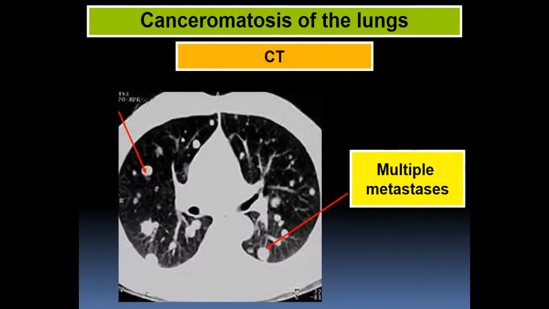On CT scan, in canceromatosis, we can see many focal shadows of different sizes, but the shadows are more dense and have clear regular borders. This is the symptom of coins, metallic coins, because it looks like coins.